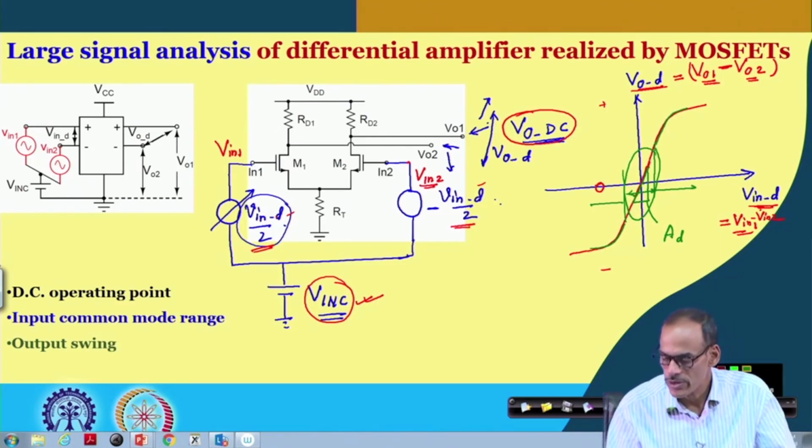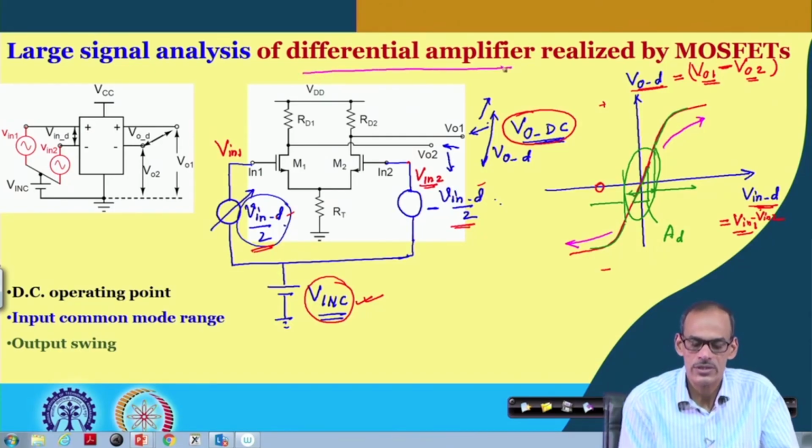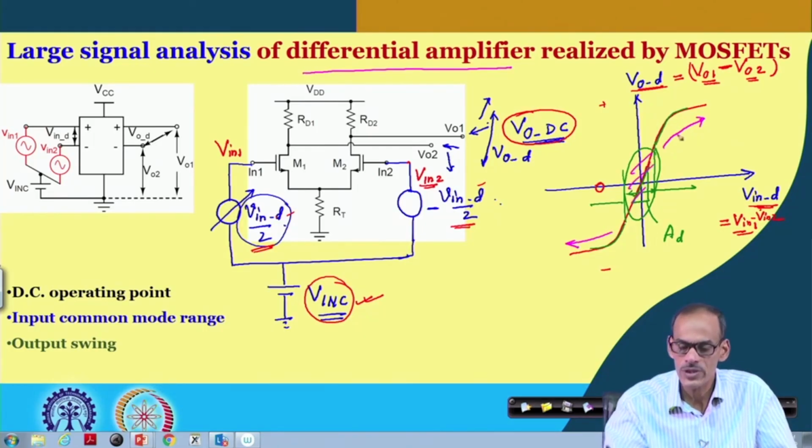But once we go for some other application where the circuit enters into the saturated situation, that also has some application, but the circuit will not be called a linear circuit. In fact, then the circuit becomes like a comparator. So, the basic differential amplifier structure can be used both for amplification purposes in analog applications, as well as for a comparator.